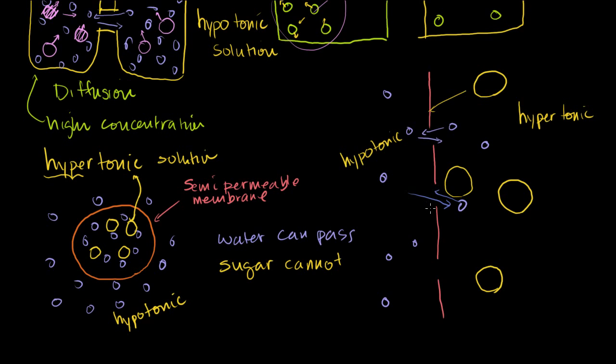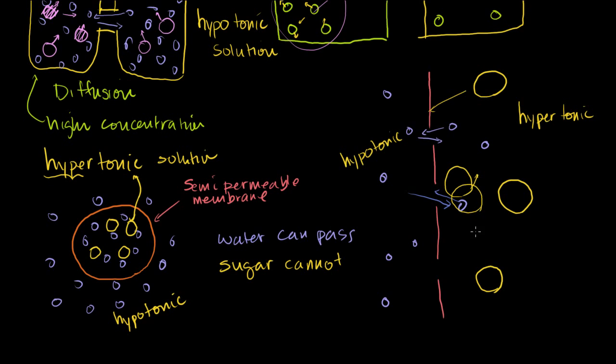And I want to make that very clear. If these sugar molecules were not here, obviously it's equally likely for water to go in either direction. Now that these sugar molecules are there, they might be on the right-hand side. The best way to think about it is that they might be blocking the approach to the hole. They'll never be able to go through the hole themselves, and they might not even be blocking the hole, but they're going in some random direction.